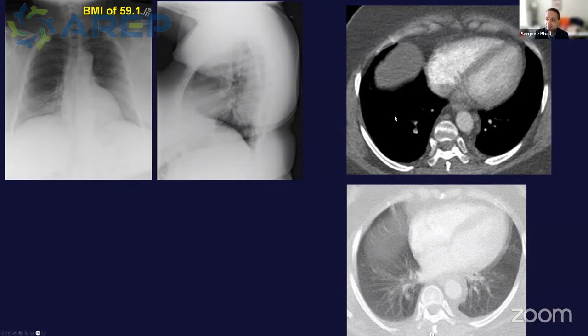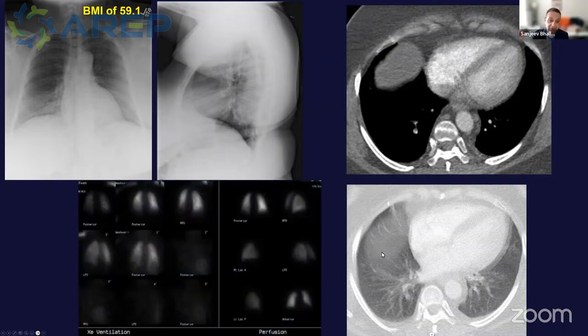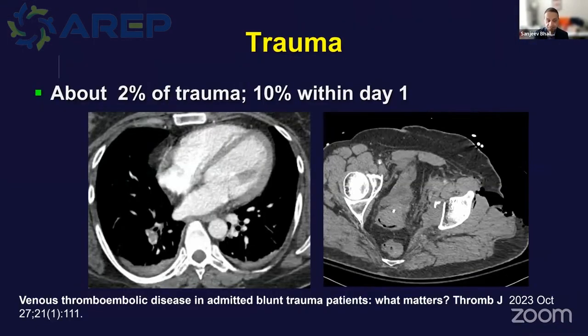And you can see that the problem that you face in these larger patients is that they are prone to artifacts on CT. And so in these patients, we found that VQ is actually a very good study if available, because you can image for longer periods of time, and that will increase the counts that you have for the evaluation of a pulmonary embolism. So that's a really effective way for imaging in these patients who are very large.